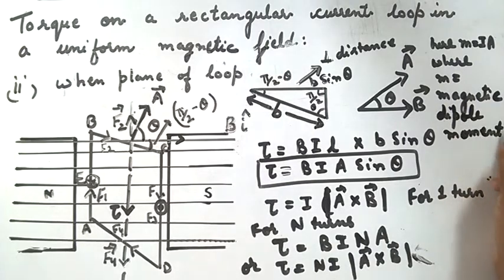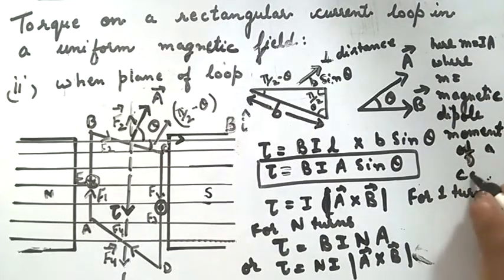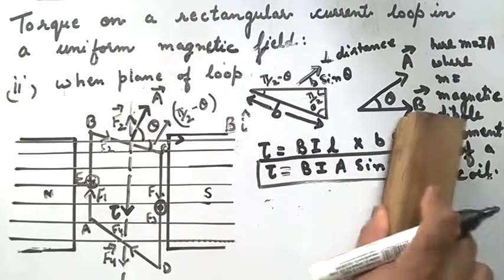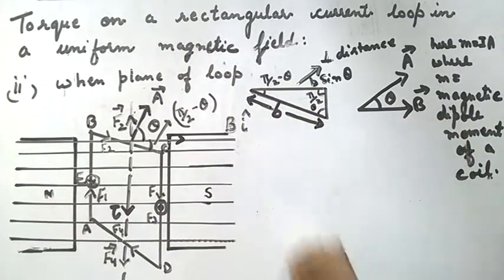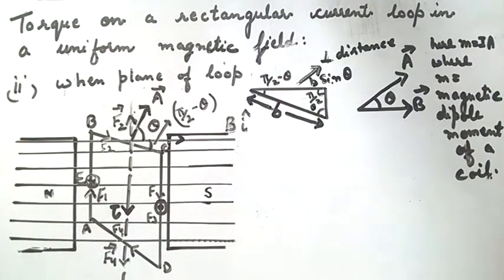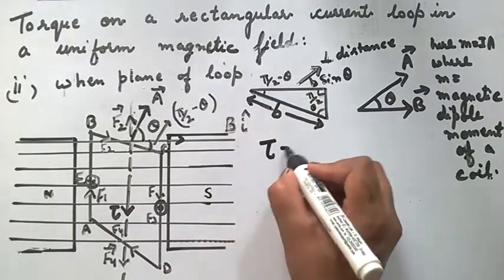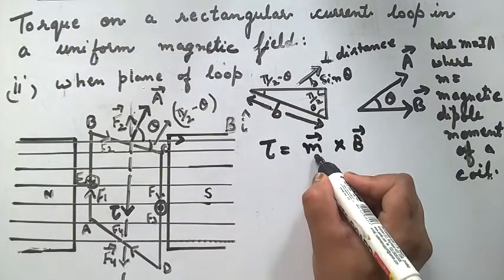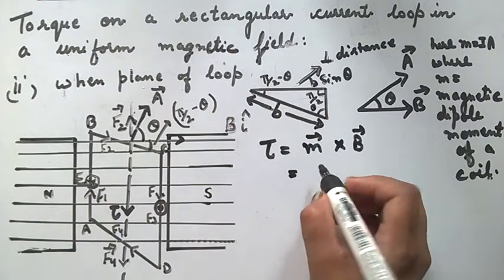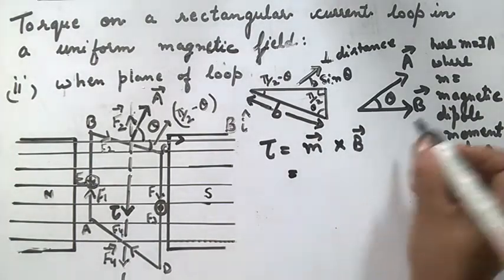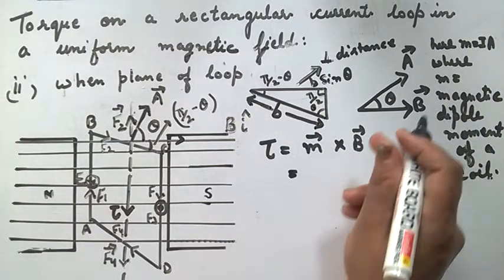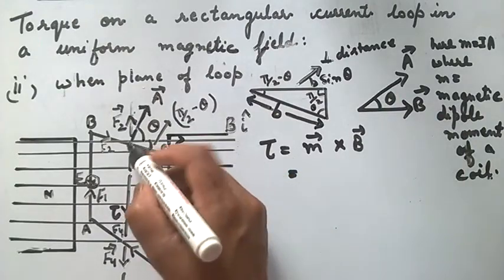Thus we can write torque is equal to M vector cross B vector. M is equal to I into A. For N turns, we can write NIA, M is equivalent to NIA, or the direction of magnetic dipole moment is same as that of the area vector, which is here vertically outward or perpendicularly outward.